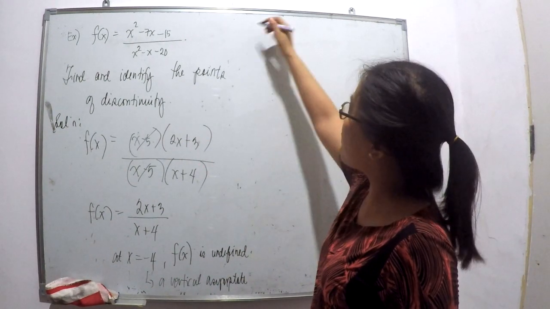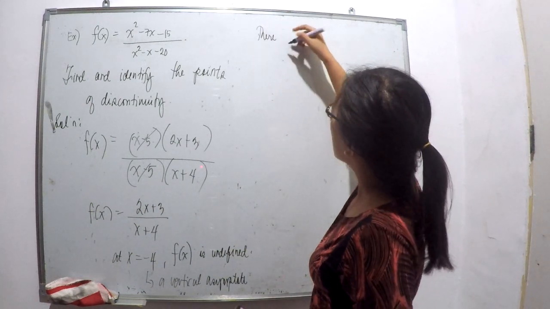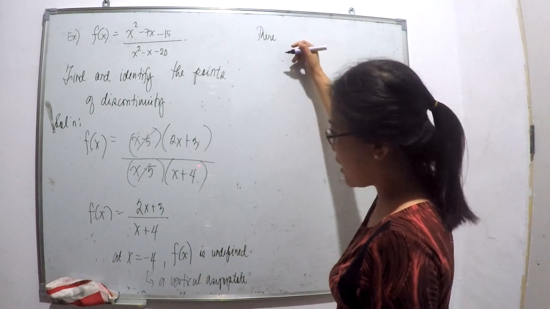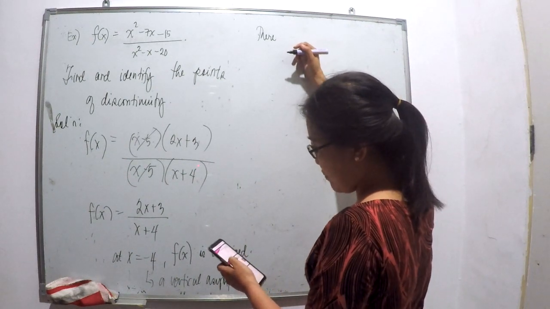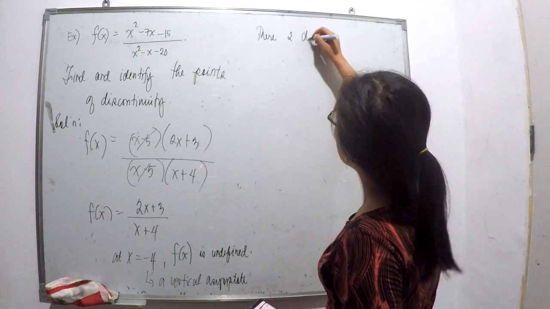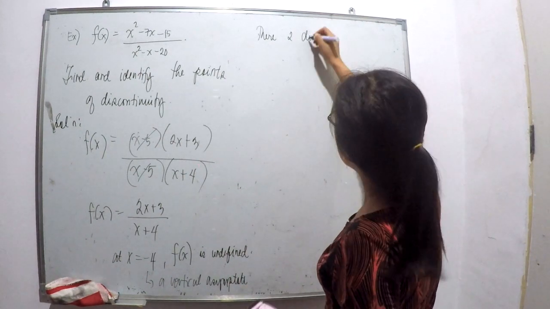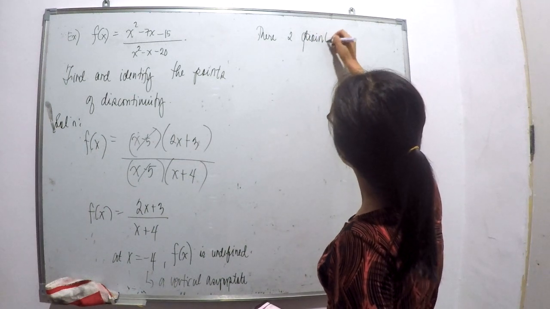So in this example, there are two points of discontinuity.